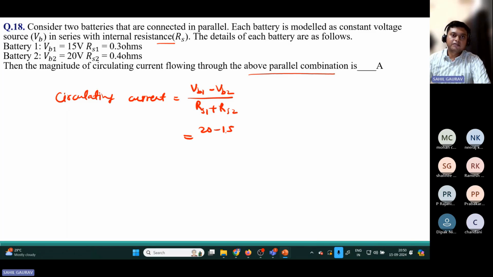So 20 minus 15 upon 0.7, which is approximately 7.143 ampere.